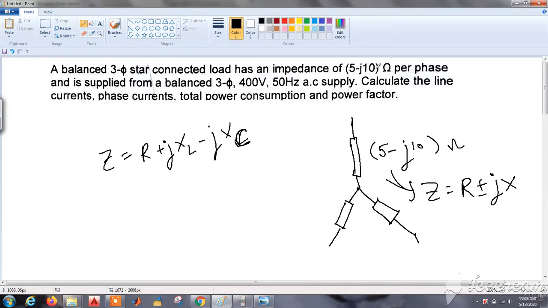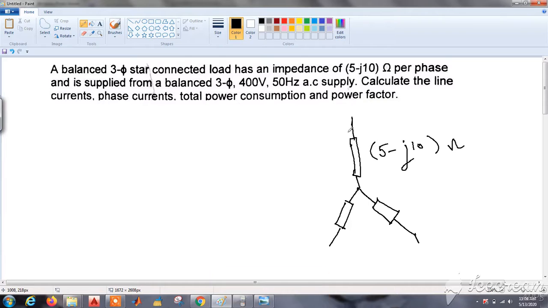So here minus is there, so we can say that the capacitive reactance is dominating more than the inductive reactance, or also we can say that inductive reactance is not present, only capacitive reactance of minus J10 ohms is present. Now this is connected to 400 volts, that is the line voltage is given as 400 volts.